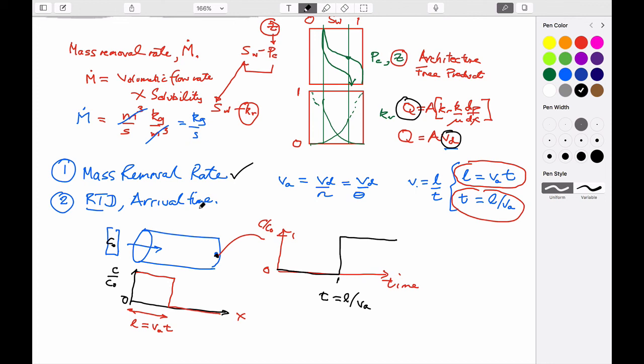Everything we've done so far has been very simple in that we've had these plug flow curves. Plug flow means that if you look at the front of this propagation in your aquifer or in your core, it will always have a sharp front to it. And when it arrives as a sharp front, the concentration will go from 0 to 1.